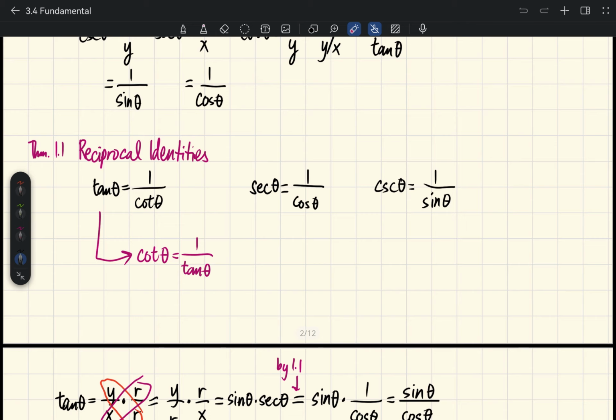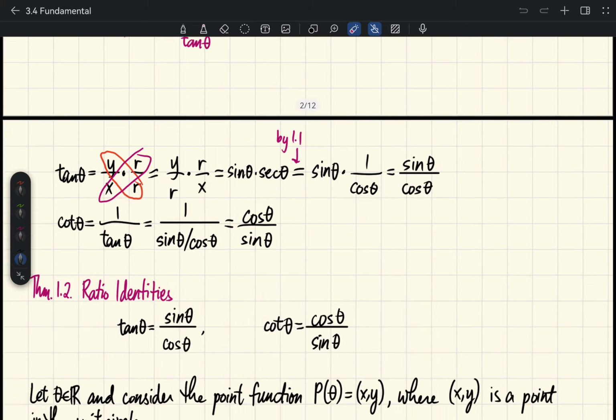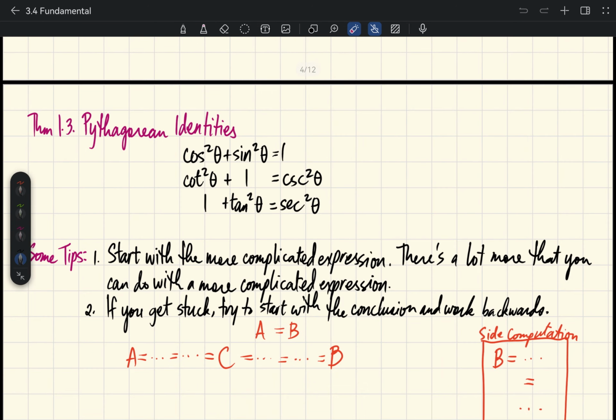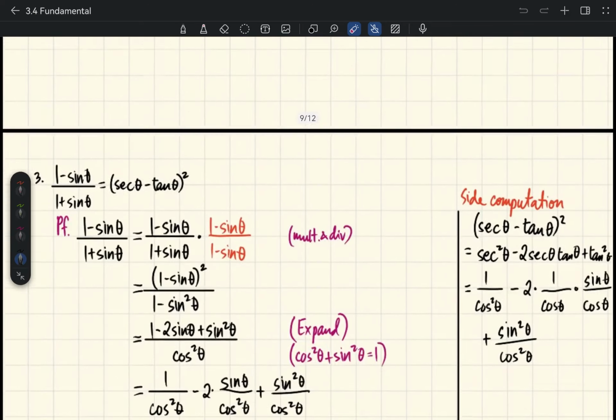The most obvious thing to find is cotangent, since they're just the reciprocal of each other. Then after that, we have this theorem 1.3 relating tangent and secant. So using this, we can easily find secant squared theta.